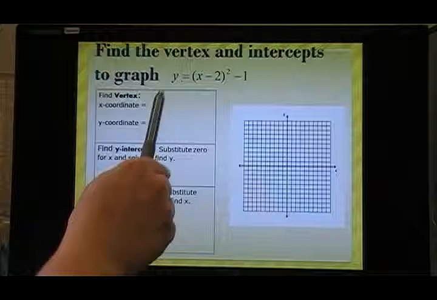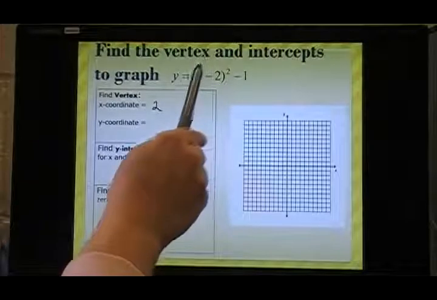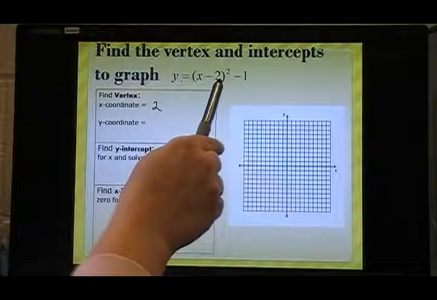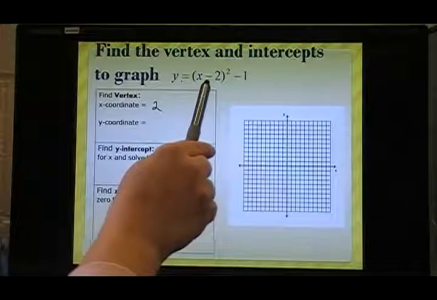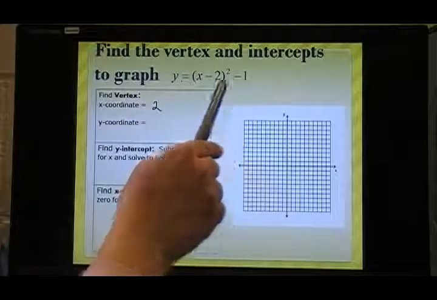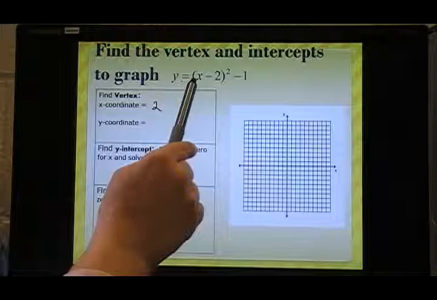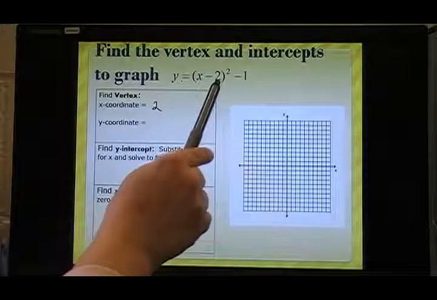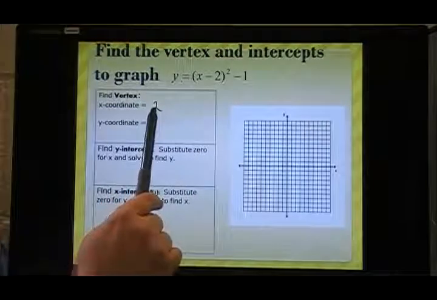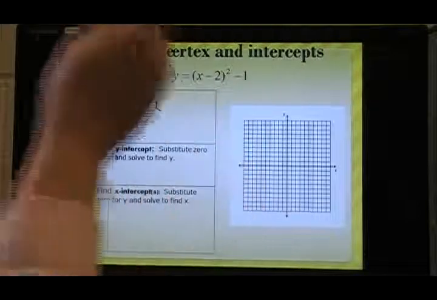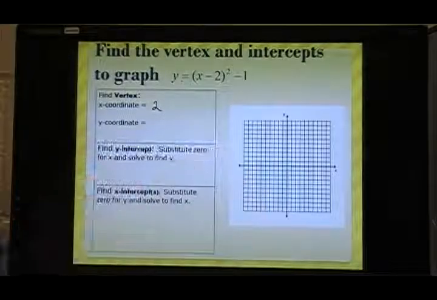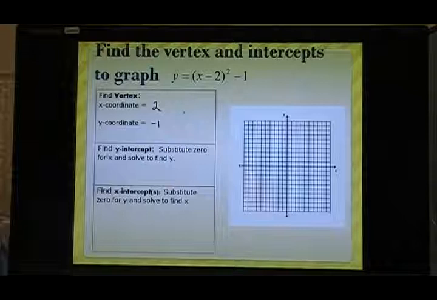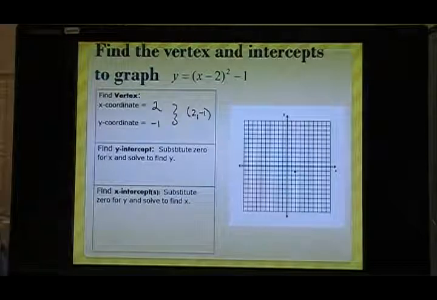If we substitute 2 back in, 2 minus 2 is 0. Squaring that is still 0. Minus 1 is negative 1. So the number that makes this equal 0 is the x-coordinate of the vertex, and the number that is here is the y-coordinate. So our vertex is at (2, -1). So right 2, down 1.